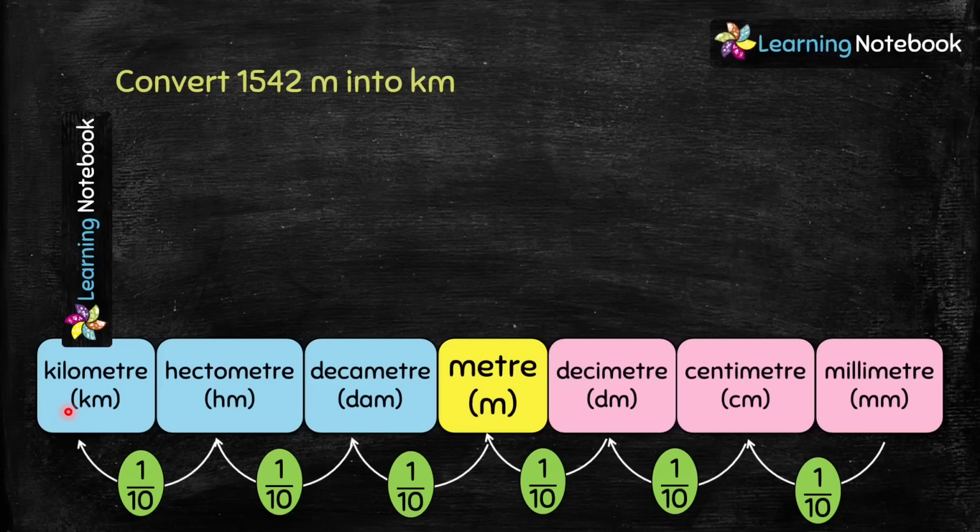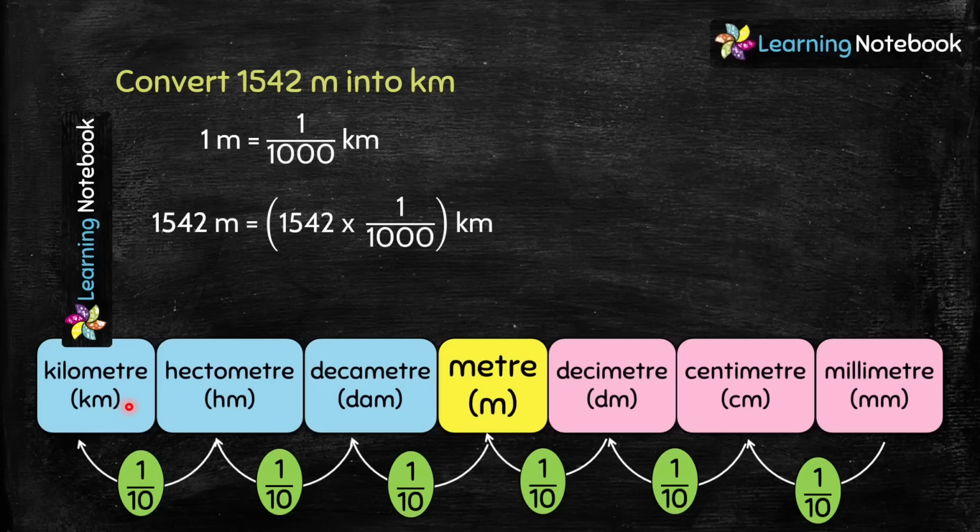So it means 1 meter equal to 1 upon 1000 kilometer. So to convert 1542 meter into kilometer, let's multiply it by 1 upon 1000. We get the answer as 1.542 kilometers. Again, I would suggest you to watch our video on chapter decimals to understand this type of division.